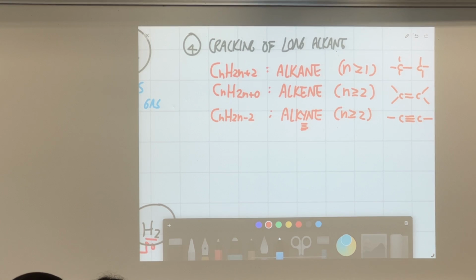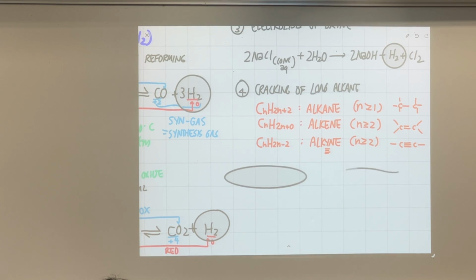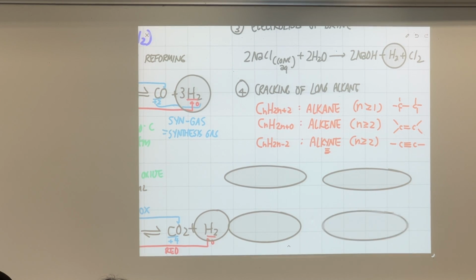First of all, I want you all to tell me what's the formula of the alkane with 10 carbons. C10H22. So you see 4 separate word equations on your notes.